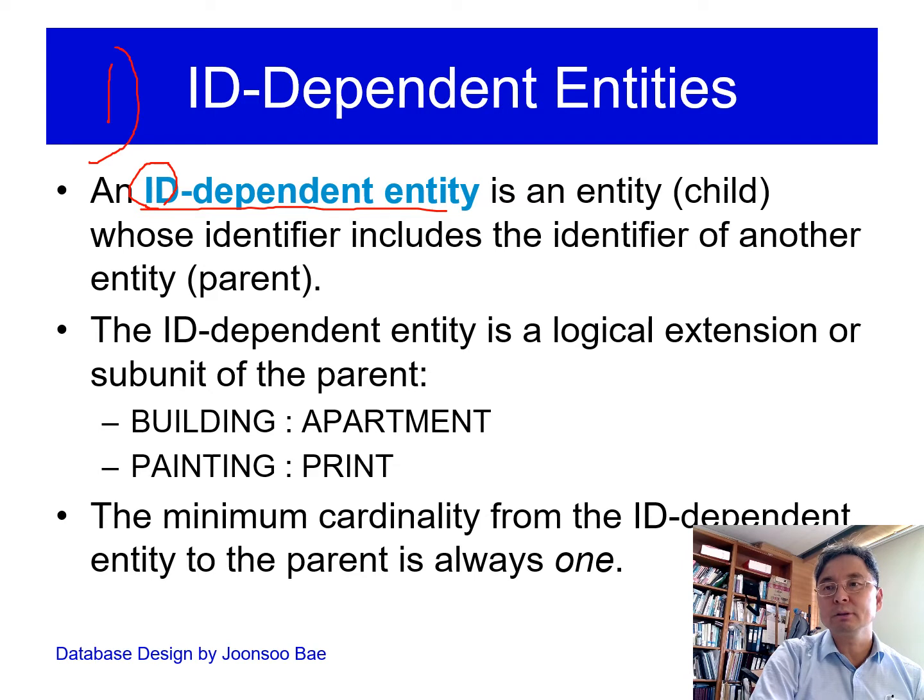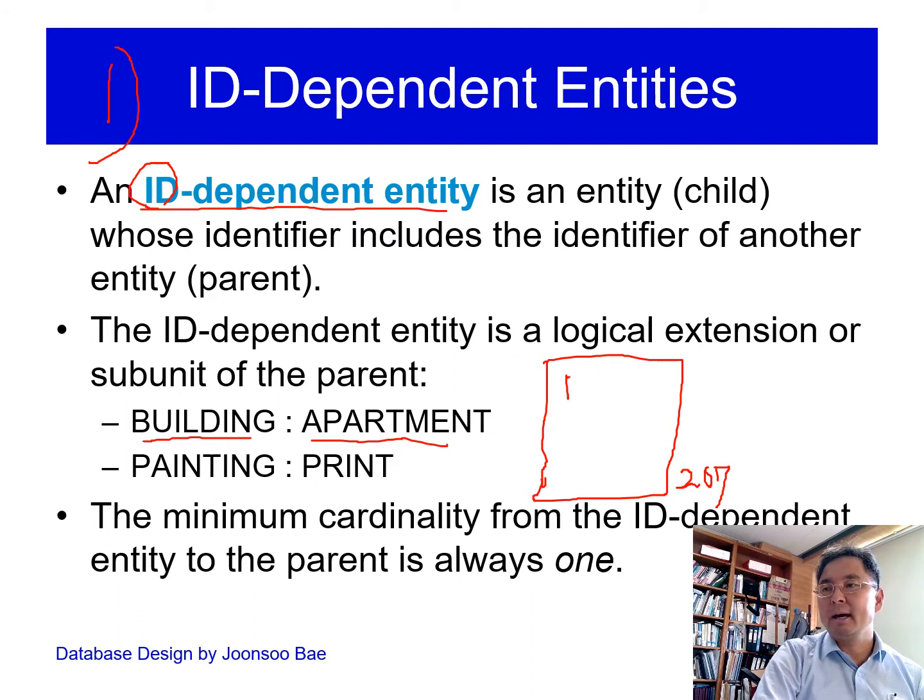The example of an ID dependent entity is here, building and apartment. The building number in my case is 207. And this building has many apartments, on 17 floors.